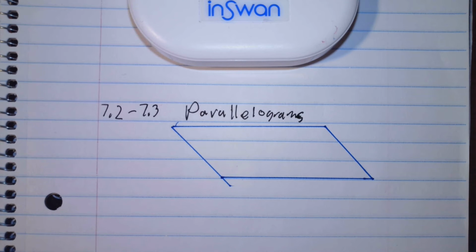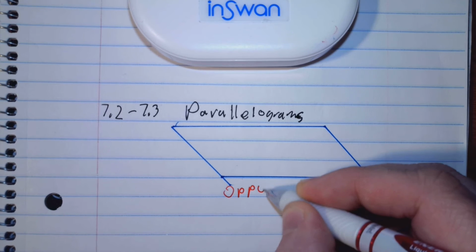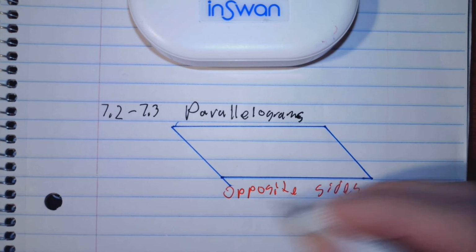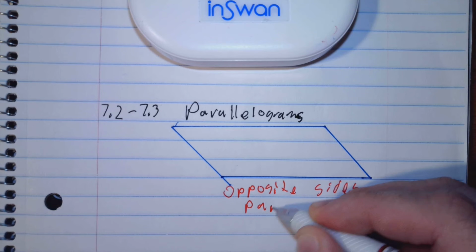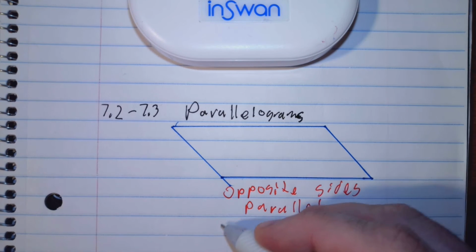You've already written down the theorems, so I'm not going to rewrite them because that's easy. We need to come up with the basics that we need to know on parallelograms. The definition is opposite sides parallel. We know that opposite sides are congruent.